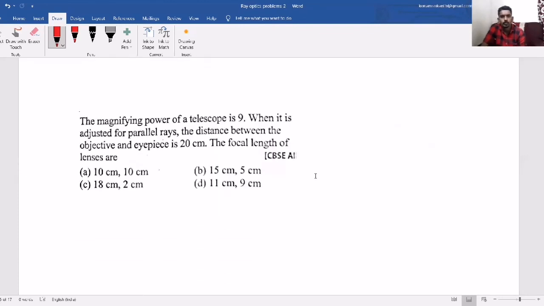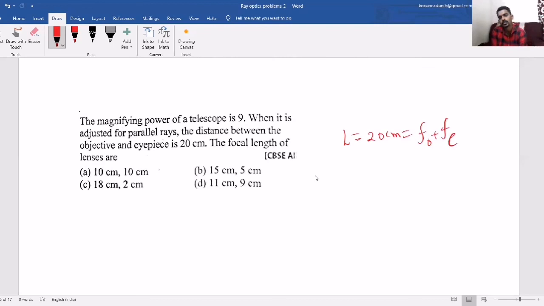Now, one more question. The magnifying power of a telescope is 9 when it is adjusted for parallel rays. The distance between the objective and eyepiece is nothing but the length of the tube. But here the rays are adjusted parallel, which means they are going to infinity, so the final image is at infinity.